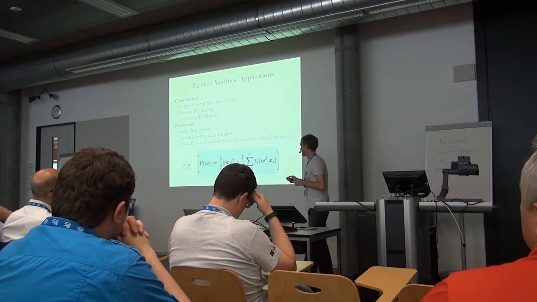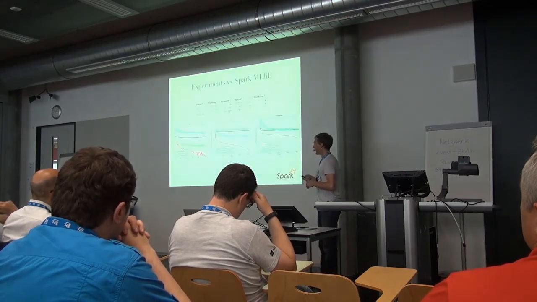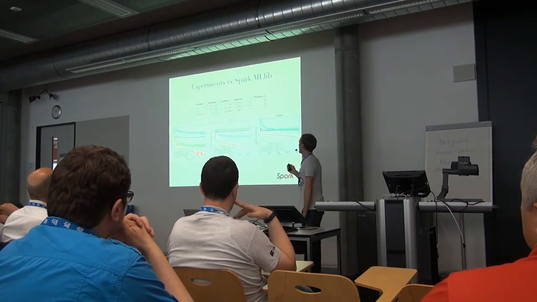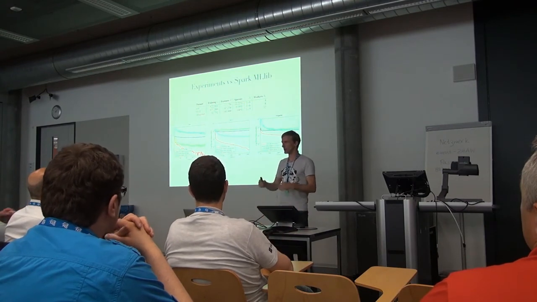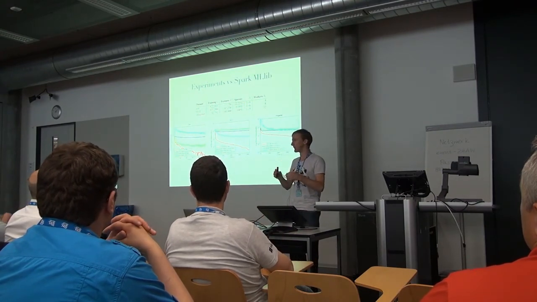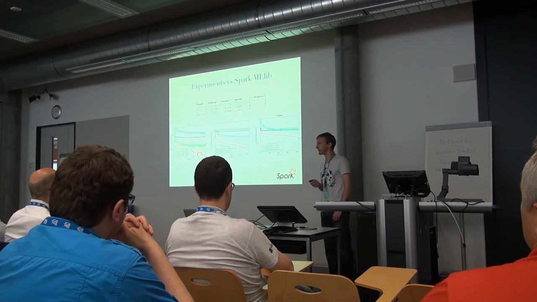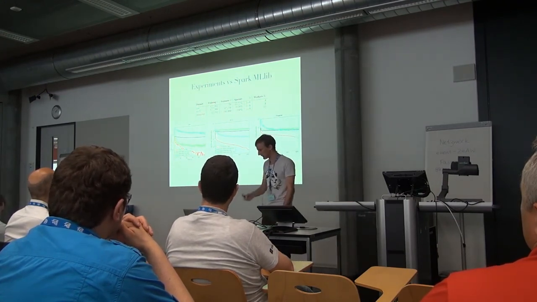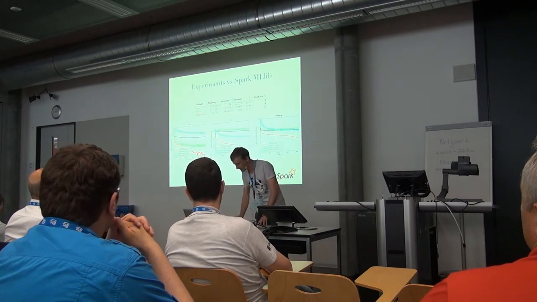And yeah, don't bother too much about the formula. That's all. We implement this on Spark, and we compare to the MLlib package, which essentially uses the algorithm we described at the beginning, this stochastic gradient descent. So on the vertical axis you have the error, and on the horizontal axis we have the time.